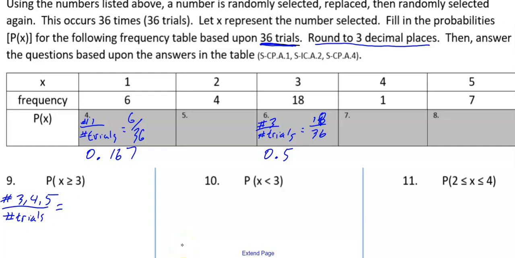So when you are doing the number 3 or greater, I actually want you to start with the fraction. Don't just add the decimals, because the decimals get rounded. So we got 18 3s plus 1 4 plus 7 5s over 36 trials. All right, so start with the fraction and then round to 3 decimal places.